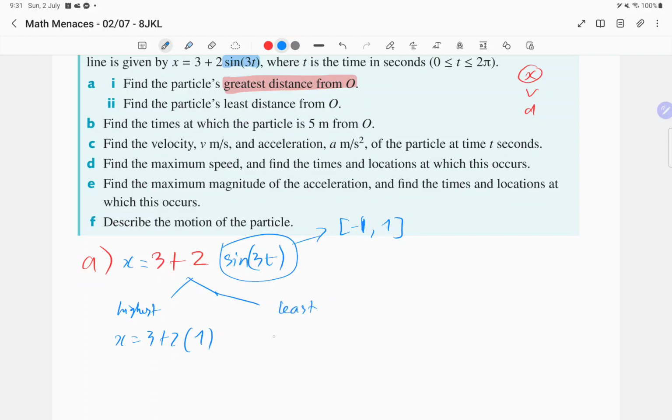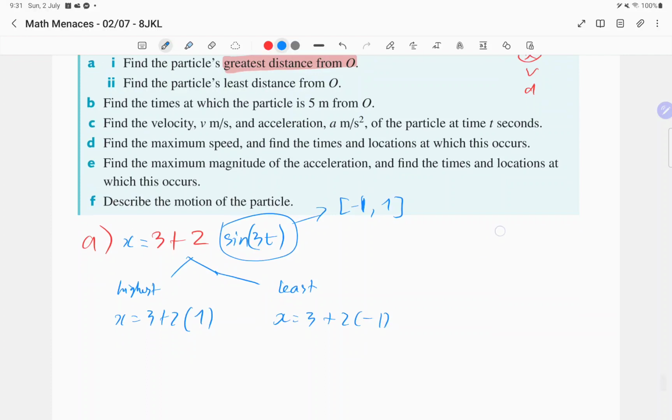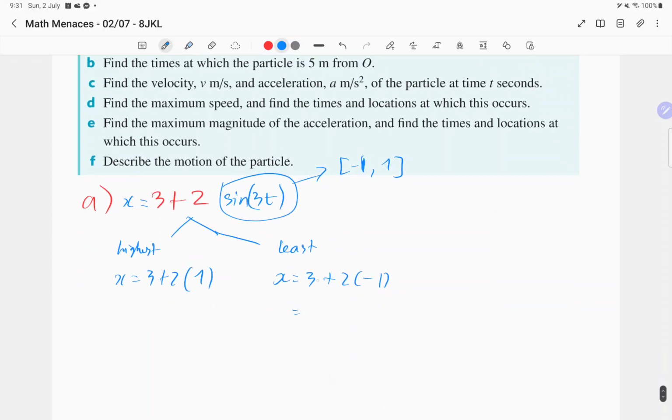The least distance is when the sine part equals -1, so x equals 3 plus 2 times -1. 2 times -1 is -2, so 3 minus 2 is 1. And 3 plus 2 would be 5.